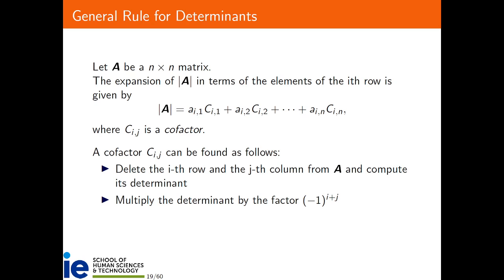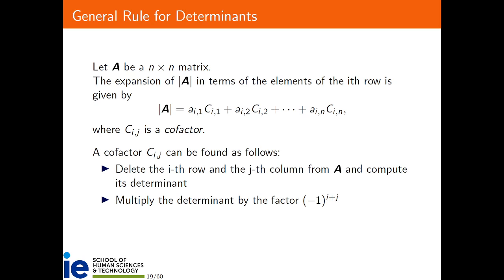So in order to compute the determinant, I need to pick any row or any column of my matrix and then multiply the entries of either the column or the row that I picked by what is called a cofactor.